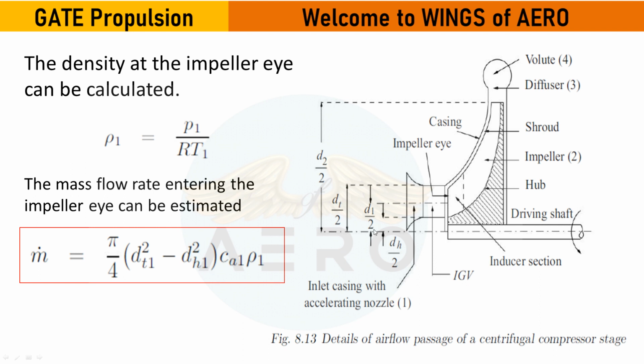You can see from this schematic figure, T1 is the tip where it is exiting, and d_H1 is the hub where it is entering. Sometimes they also mention it as eye inlet or eye exit, so they can also use hub and tip. Either way they can ask. This is the general formula for finding the mass flow rate.